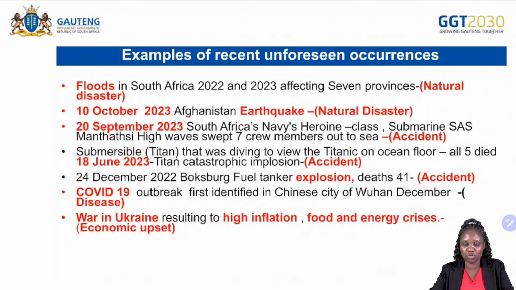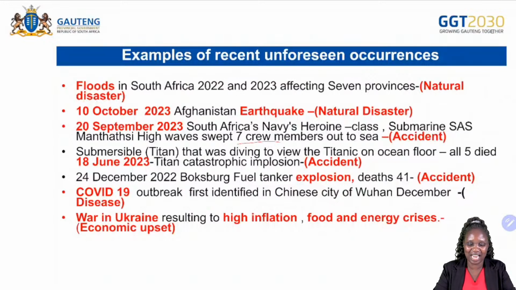20 September 2023, South Africa's Navy Heroine class submarine SAS Manthatisi, high waves swept 7 crew members out to sea. That was an accident. And then the submersible Titan, that was diving to view the Titanic on the ocean floor.